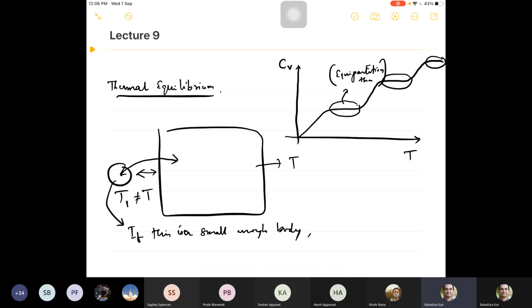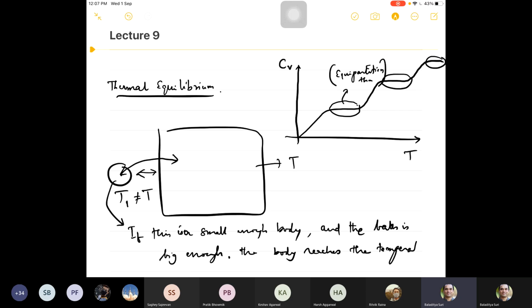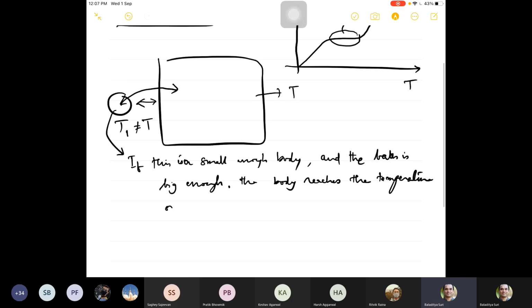So if the body is small enough and the bath is big enough, the body reaches the temperature of the bath. This is the idea of thermal equilibrium in the particular context of a small body interacting with a large bath.